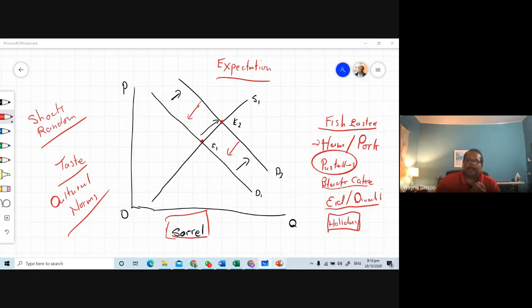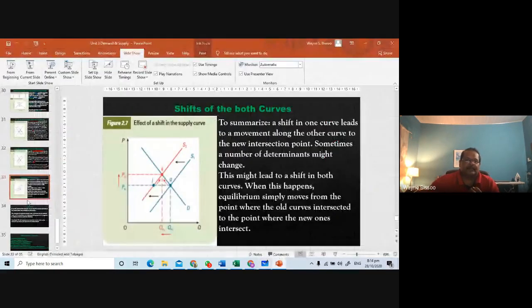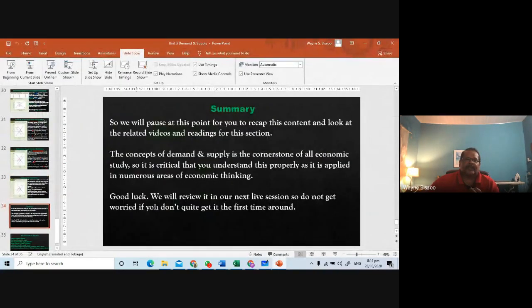All right. So that brings us to the end of this particular topic, and I left this summary here. In this summary, I was saying to you guys that demand and supply is the cornerstone of economic studies. The whole concept of the price mechanism and market economies sits upon understanding demand and supply analysis.